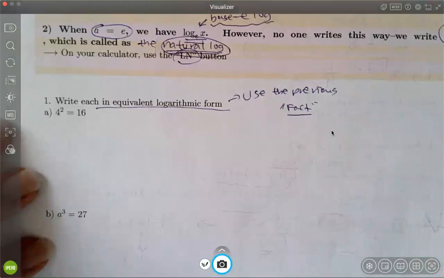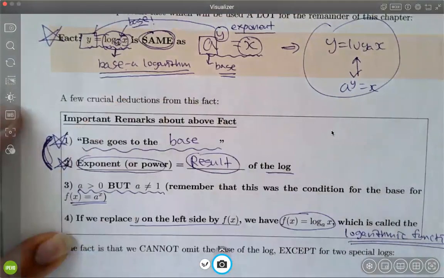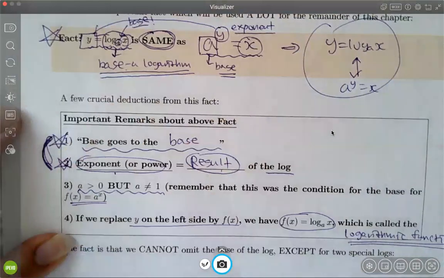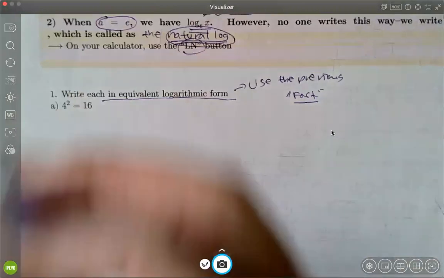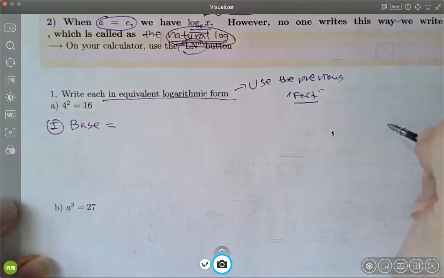Now how can we use this fact? Remember these two things: base always goes to the base, and the exponent is the result of the log. So first, by just looking at this expression, can you identify the base? 4, right?